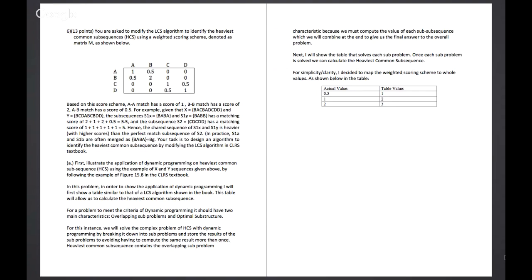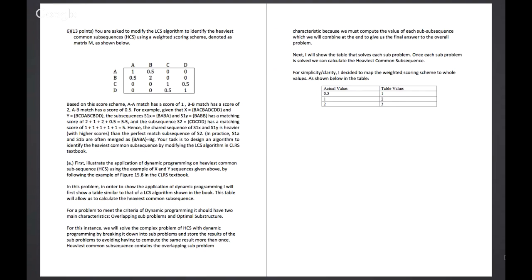For this instance, we will solve a complex problem of HCS with dynamic programming by breaking it down into subproblems and storing the results of the subproblems to avoid having to compute the same result more than once. Heaviest common subsequence contains the overlapping subproblem characteristic because we must compute the value of each subsequence, which we will combine at the end to give us the final overall heaviest common subsequence.